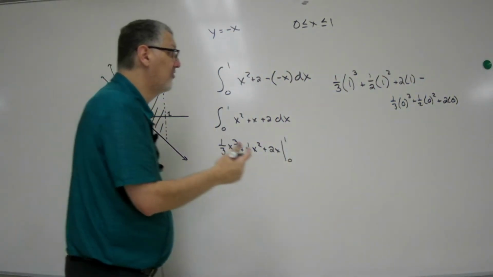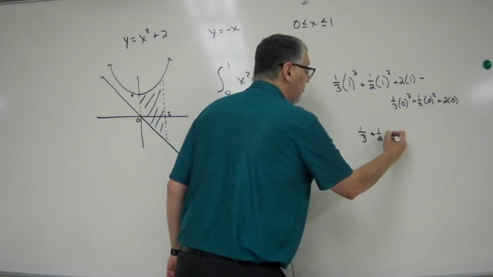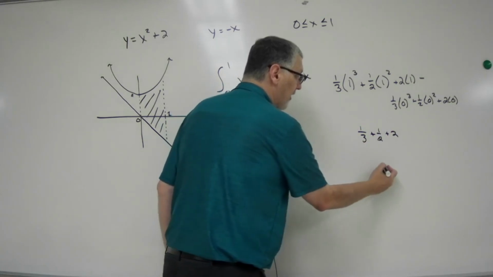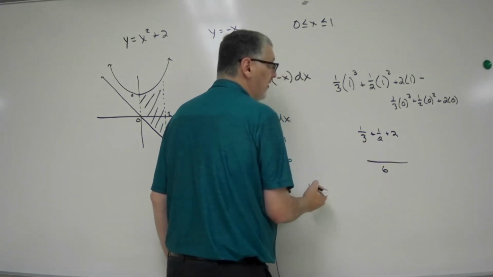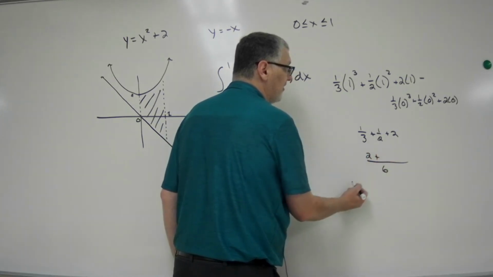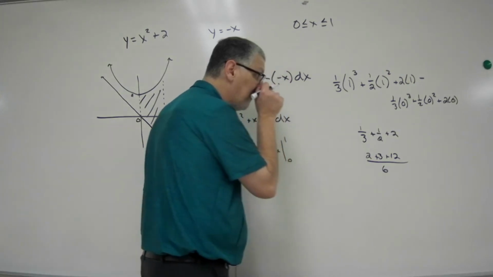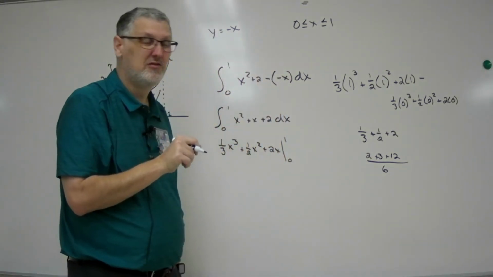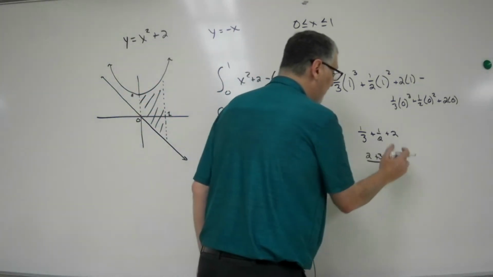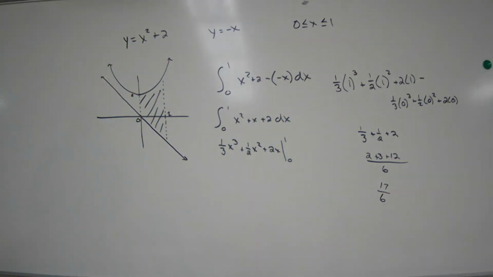So this comes down to 1/3 plus 1/2 plus 2. So I'm going to have 6 as my common denominator. So this is going to be a 2 plus 3 plus 12. Did I do that right? Yes. So 17 over 6. And that is what I got on my paper.